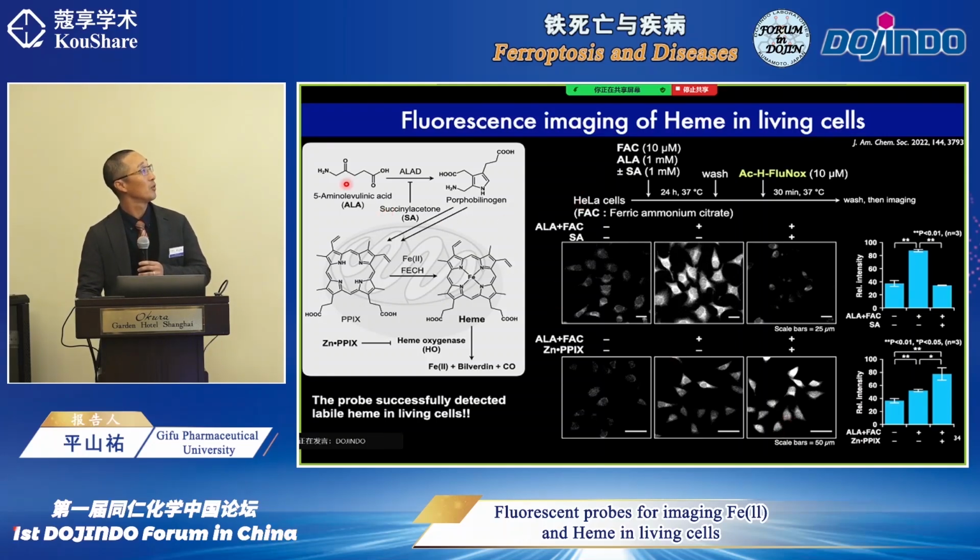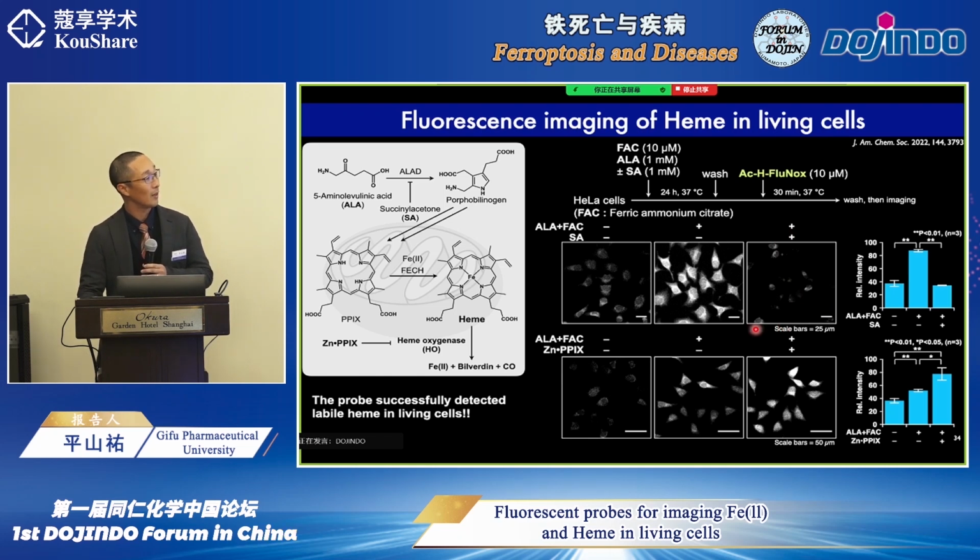And then the live cell imaging application is shown here. We used 5-aminolevulinic acid to activate the heme biosynthesis, and we observed a fluorescence increase in the aminolevulinic acid treated cells. But in the case of co-treatment with succinylacetone, which is an inhibitor of heme biosynthesis, the fluorescence increase was completely suppressed.